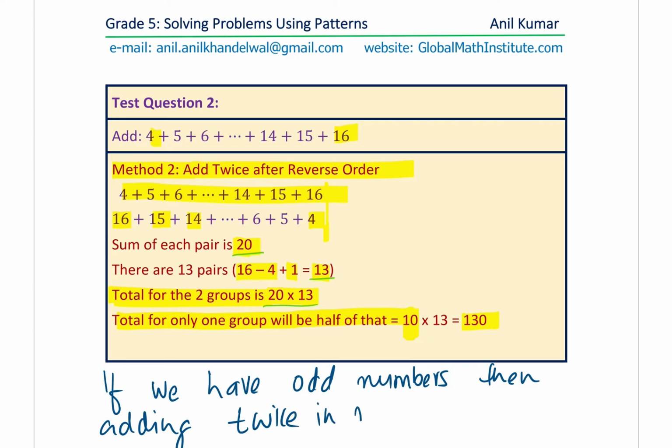In reverse order, let me write. Perfect, as you have seen. Since we do not have to find the middle number, which is left out, why not pair all the numbers by reversing this full series and then adding them up, right?